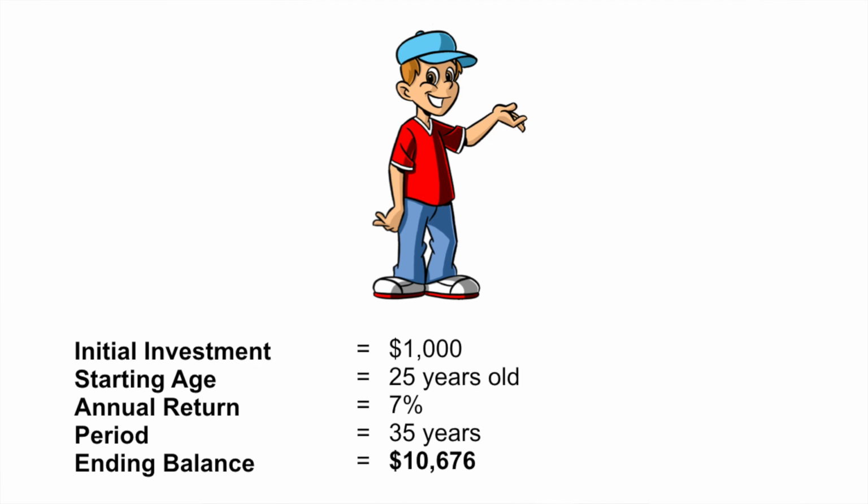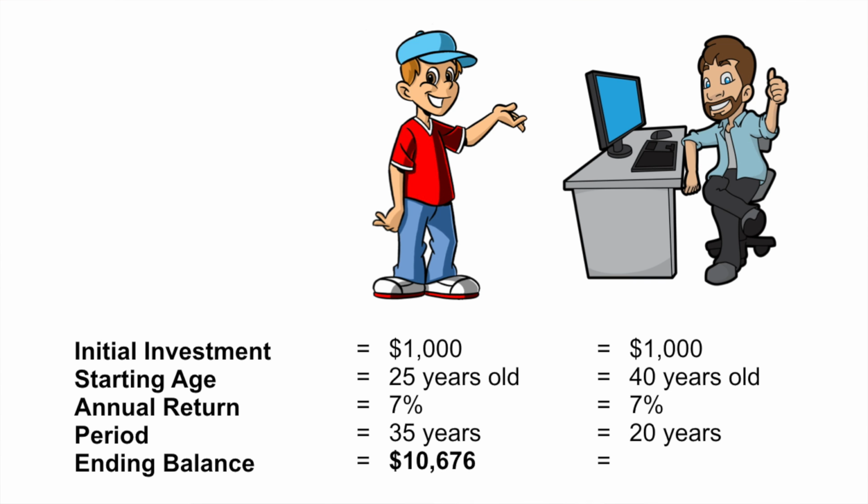So let's go back to our example. You already know that if you invested $1,000 at the age of 25 and got an average annual return of 7% after being adjusted for inflation, for 35 years at the age of 60, you would have over $10,000 in your bank account. But let's say that your friend Robert started a little bit later than you, when he was 40 years old.